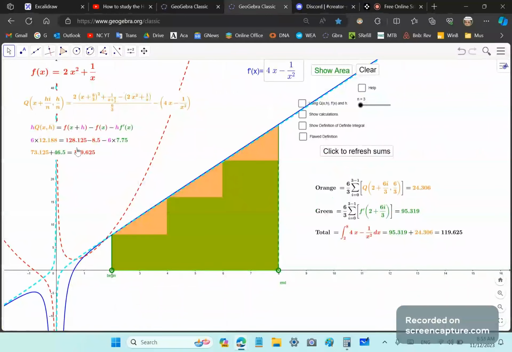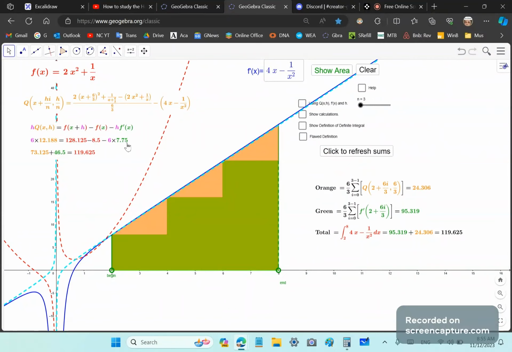Okay, so that's the same as taking the non-parallel secant line slope and multiplying it by 7.75, and subtracting h times 7.75.